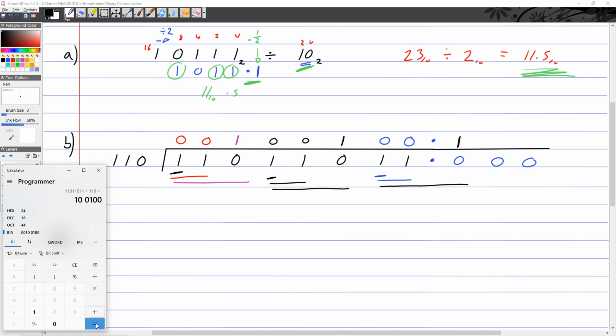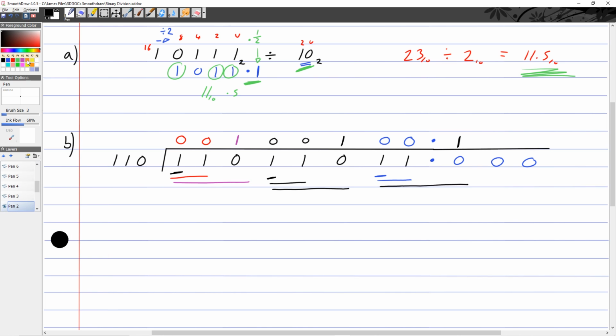Now I tried to work this out on the Windows calculator using programmer mode, but the answer doesn't give us a radix point on any fractional part, so we will just do it manually. So with the original number, there's the units, 2s, 4s, 8s, 16s, 32s, 64s, and 128s.